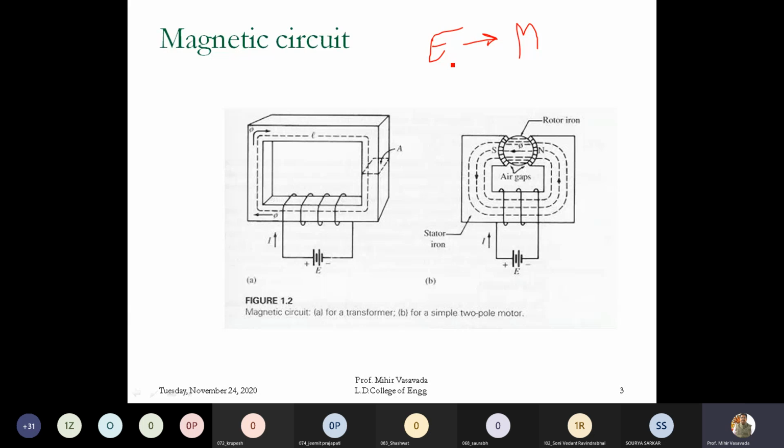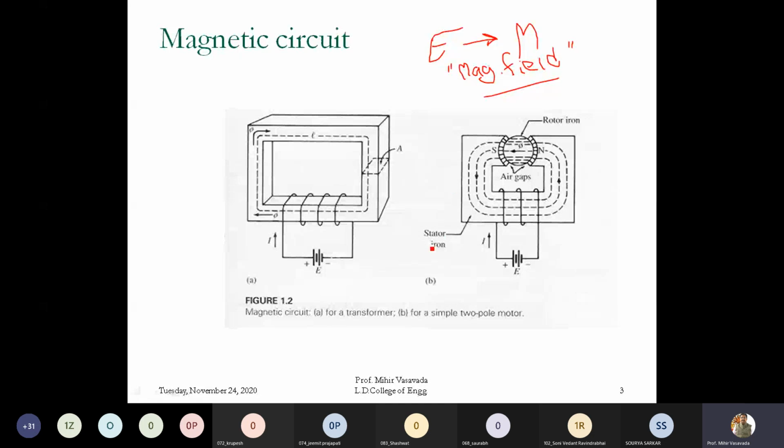Then in that case, the principle is whenever a current carrying conductor is placed in a magnetic field. So the magnetic circuit which we are using in motors or generators, when you are doing the reverse thing, mechanical to electrical, the magnetic circuit is a very important intermediate, right?